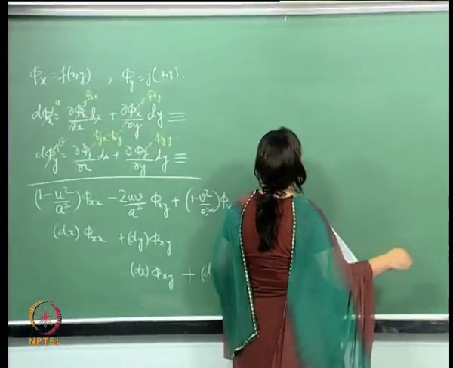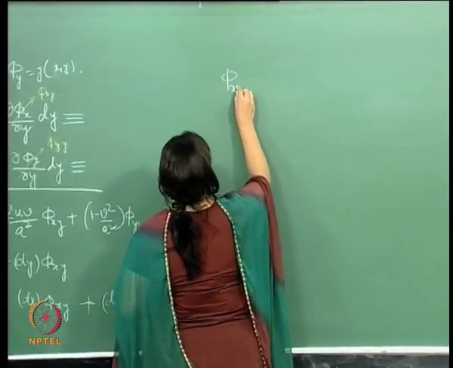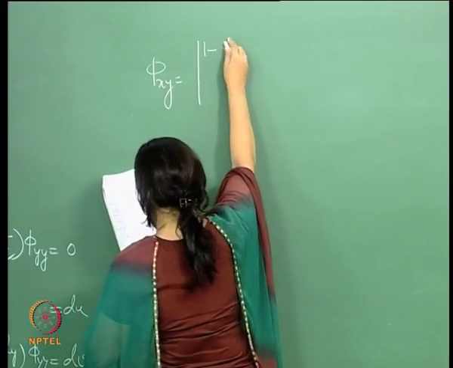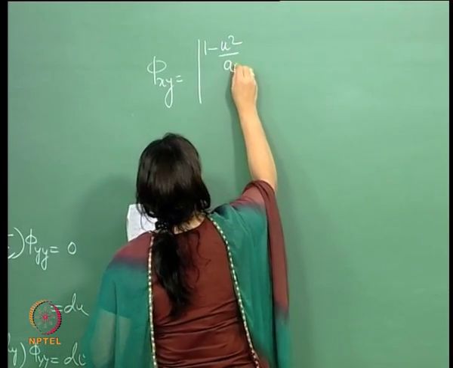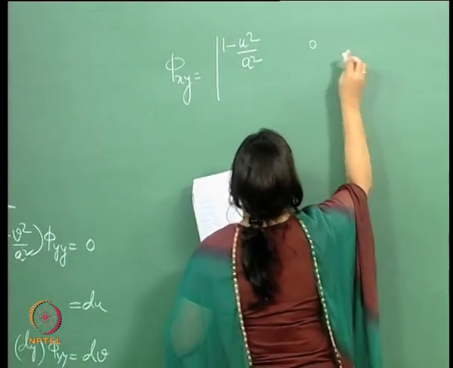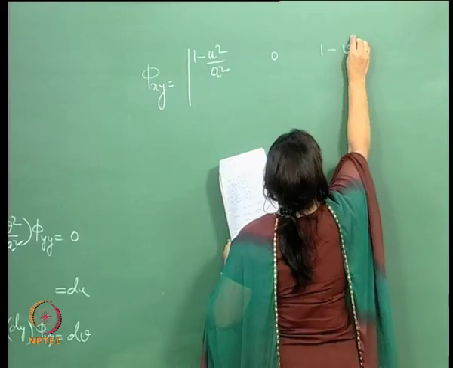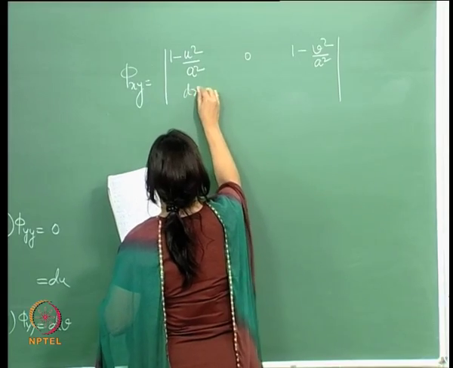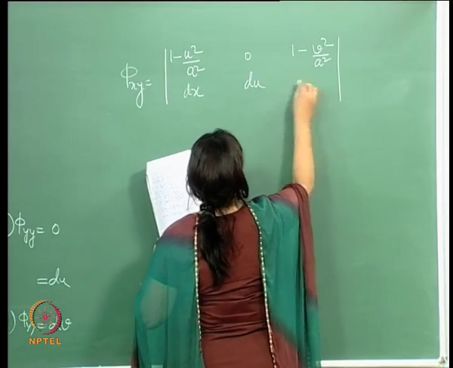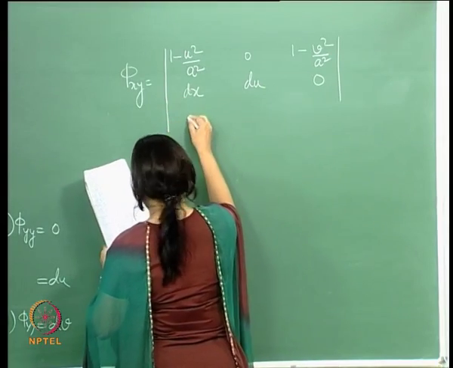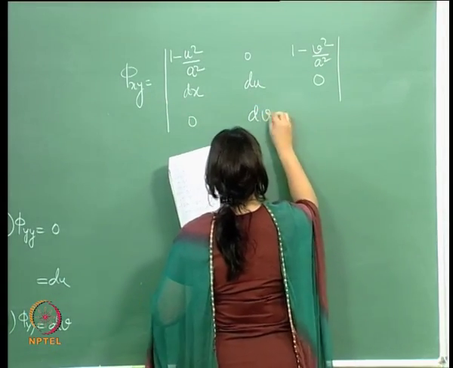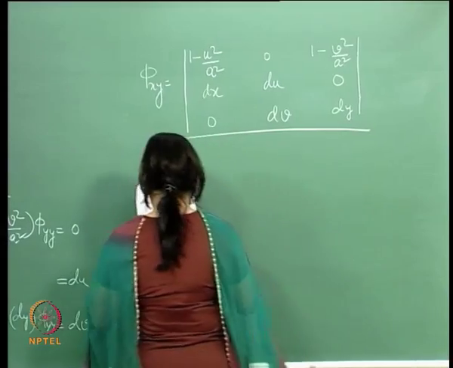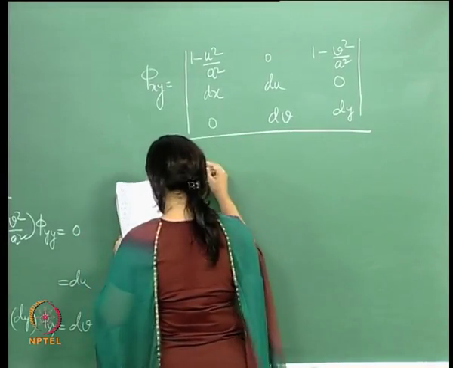We can use Cramer's rule, etc. If I solve for this, what I get is this.